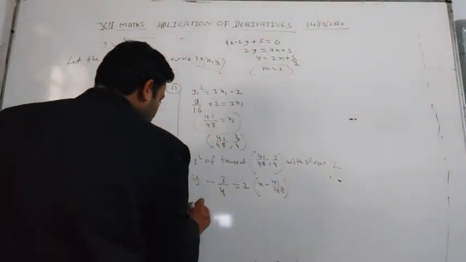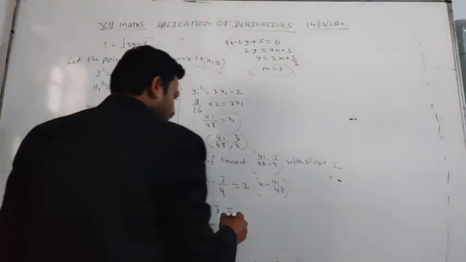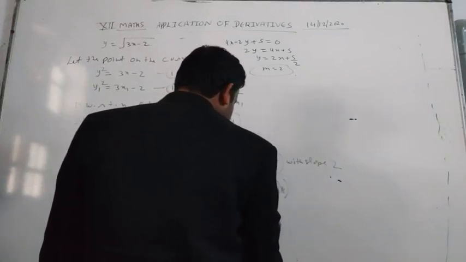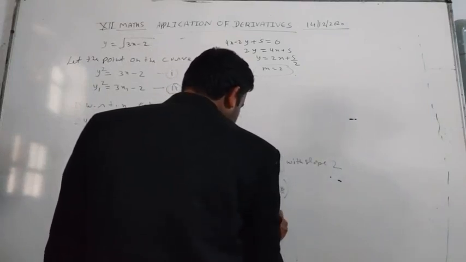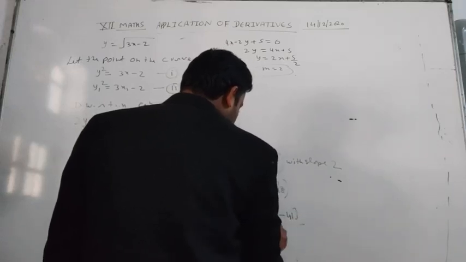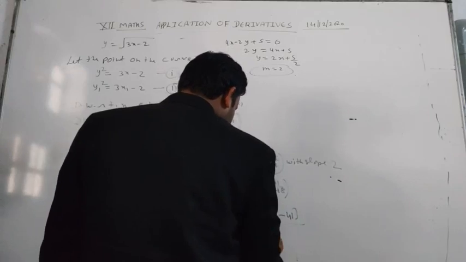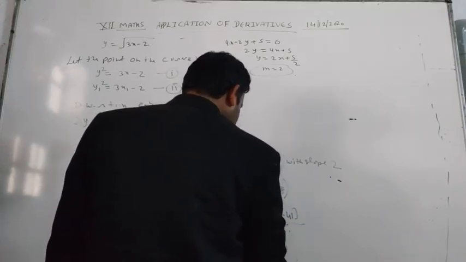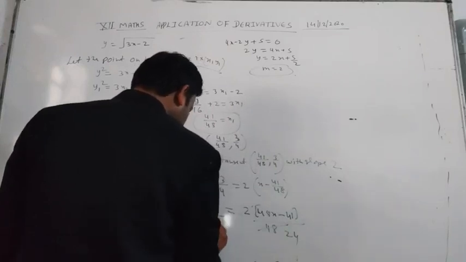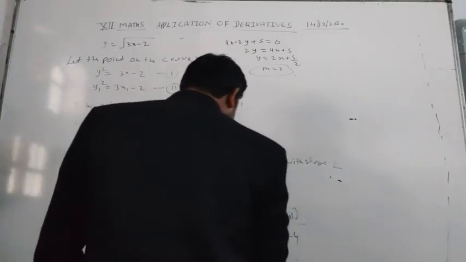Which is 4y minus 3 is equal to 2 times, 48x minus 41 by 48. So it will be cancelled from here 24 times, and this is by 4. So again this cancels.